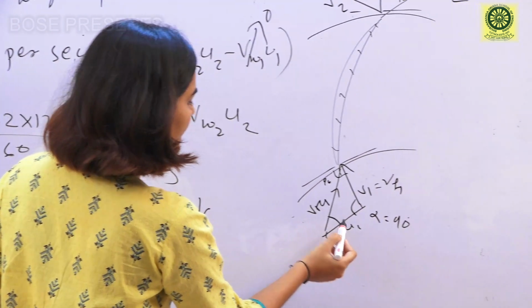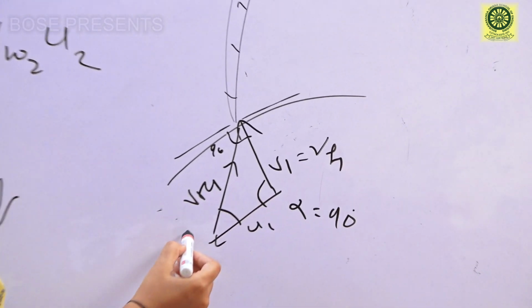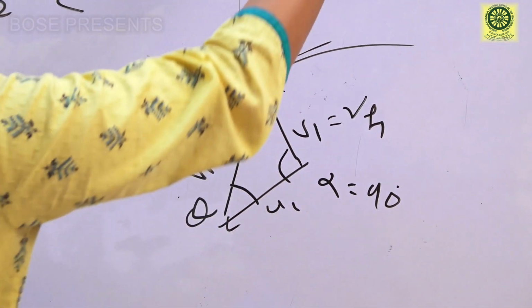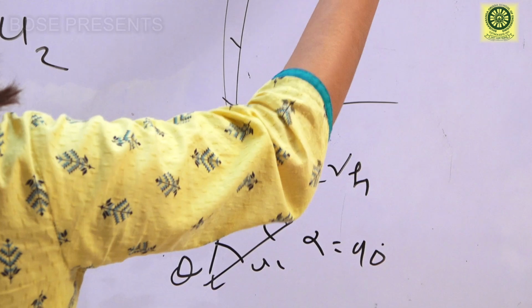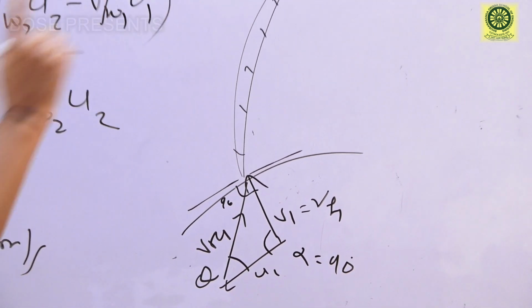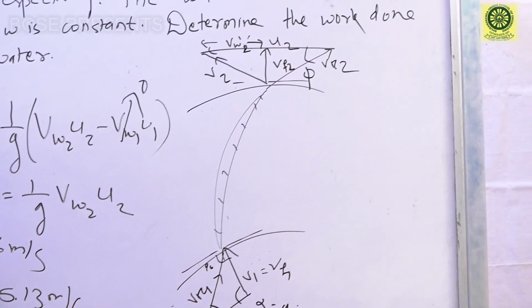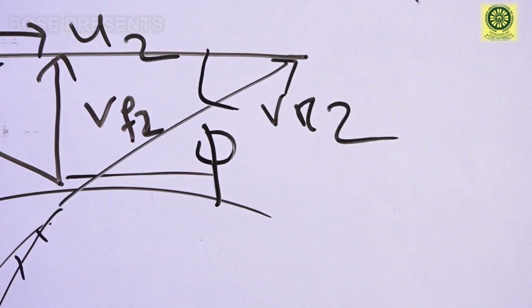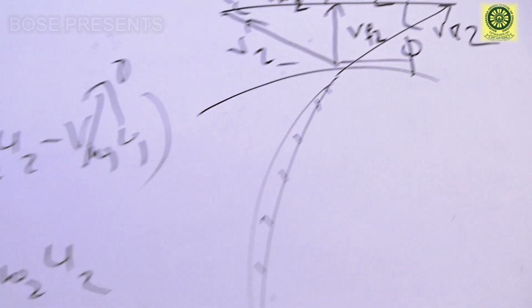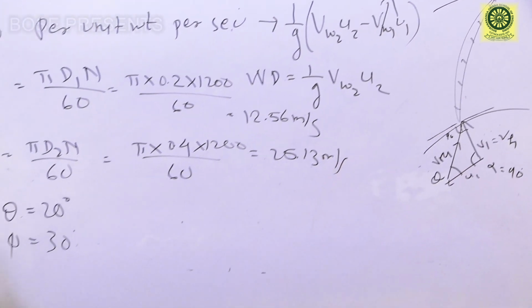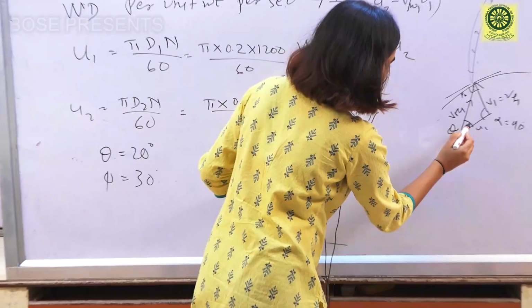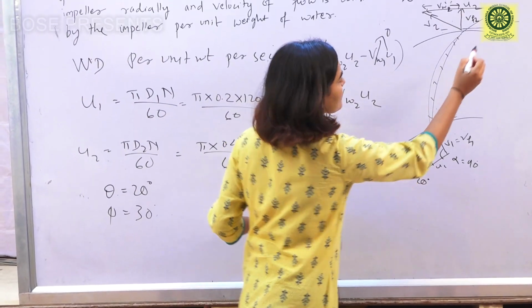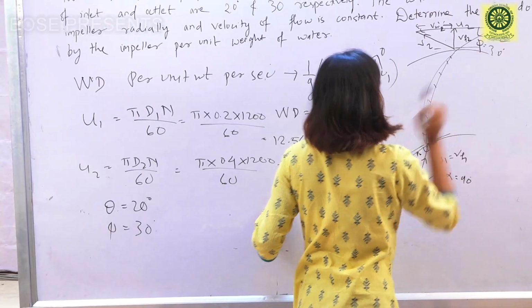For inlet, as I said, it is denoted as theta, and for outlet it is denoted as phi. So theta is given as 20 degrees and phi as 30 degrees.